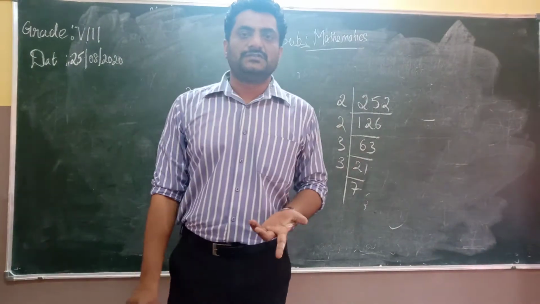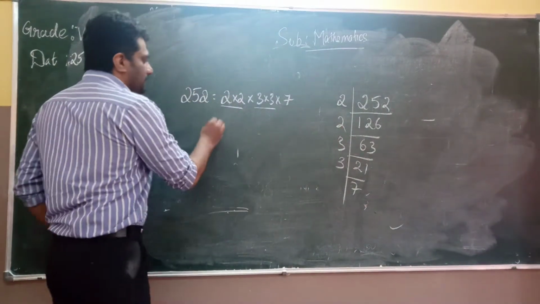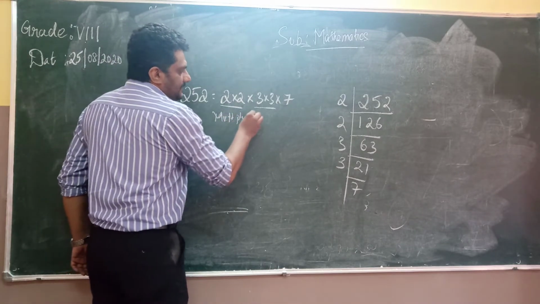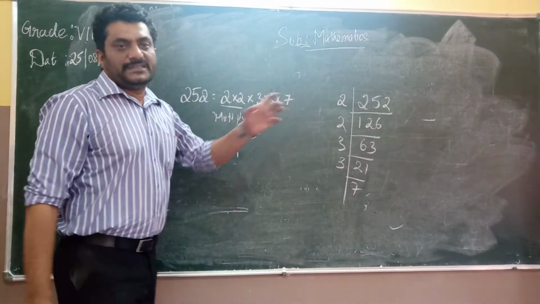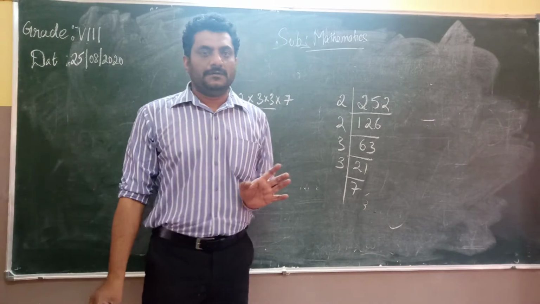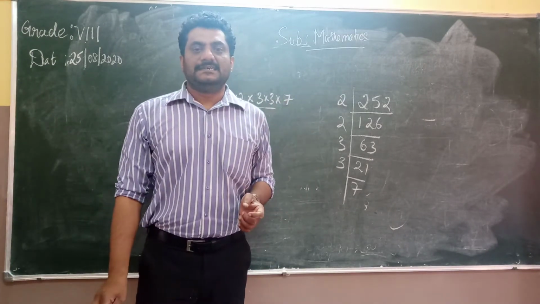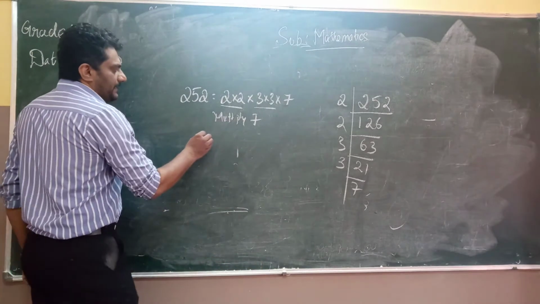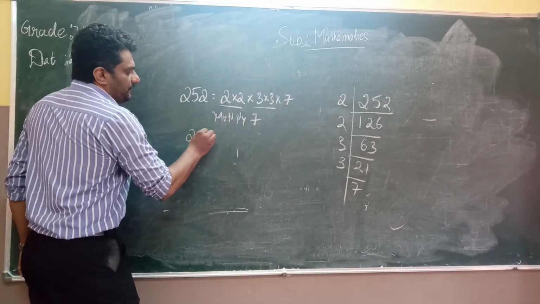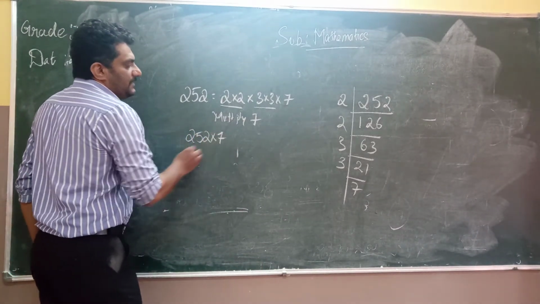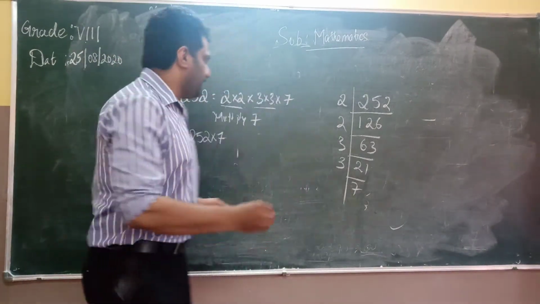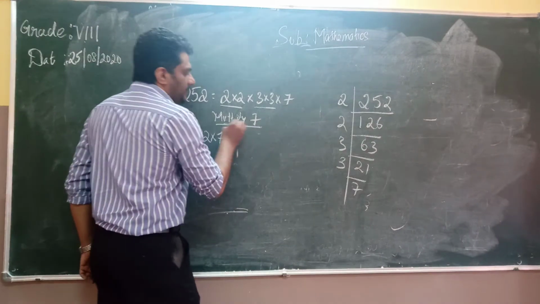So which number should we multiply? 7. The number which does not have a group, we have to multiply that number so that it can be a perfect square. So you will get 252 into 7. When they are asking for only the number which we have to multiply, the answer will be till here.